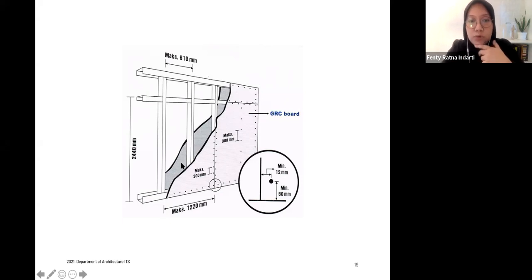Basically, to identify it, we use what is called metal stud, and then it becomes the frame, because it's impossible to just add GRC board directly to divide the space. So you have the framing first and then cover it with the GRC board. This is what it looks like in section. You can also add additional layers of acoustic insulation inside because it's empty. Usually the disadvantage of this partition, even though it's very flexible, is the soundproofing.